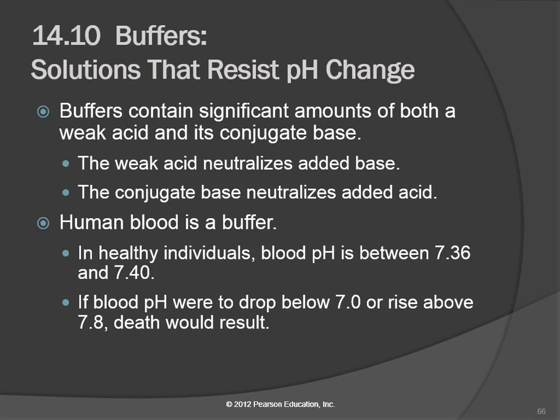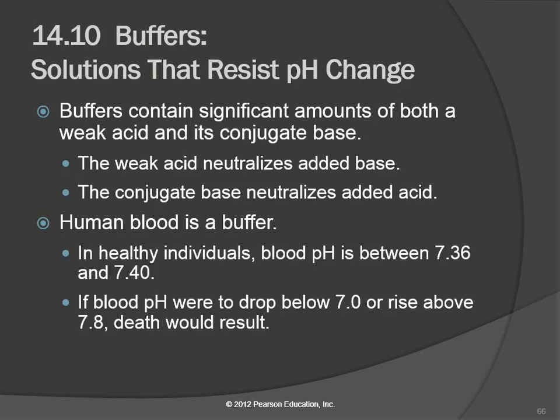So the pH of your blood is very tightly buffered. Your blood will be between 7.36 and 7.40 in pH. And if it gets outside of that range, you're in trouble.